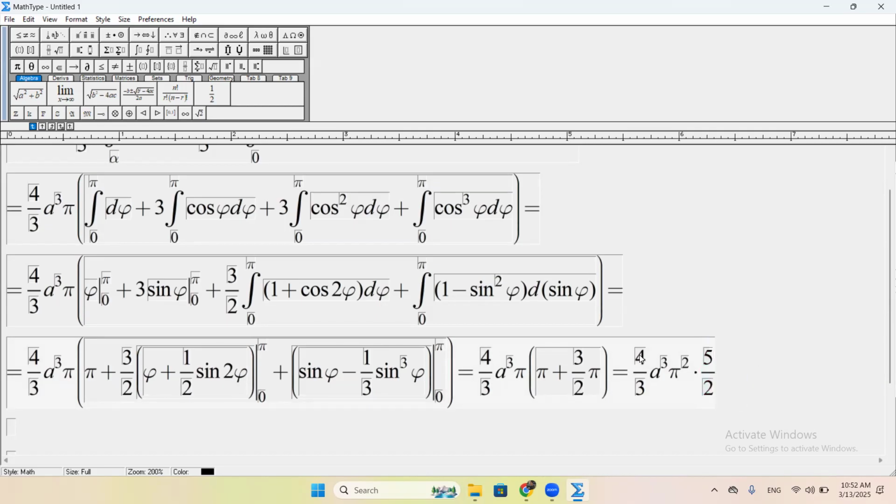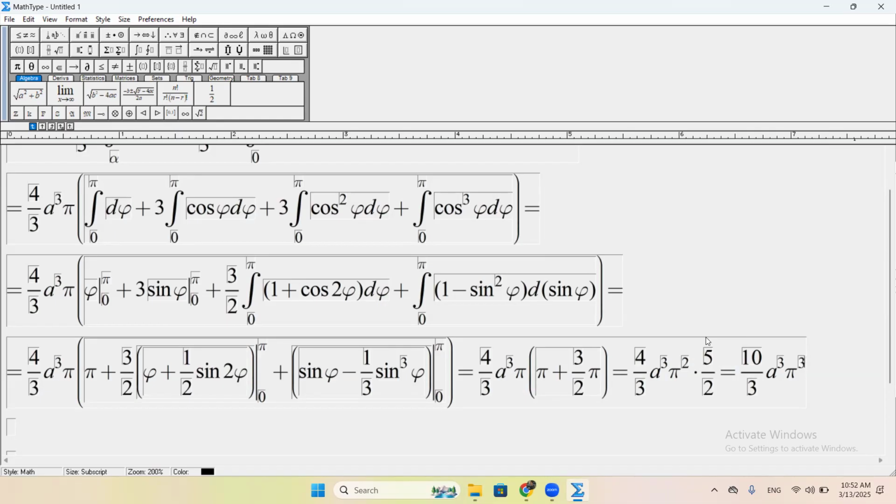Two by 5 gives 10 over 3 a cubed p squared. And that's all.